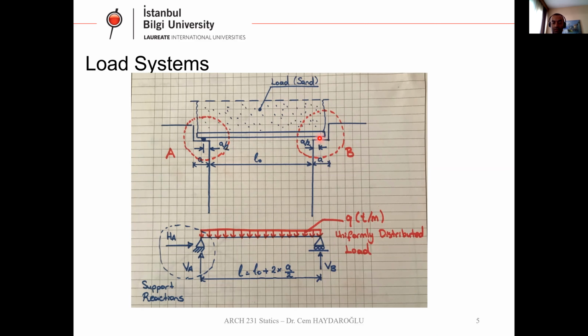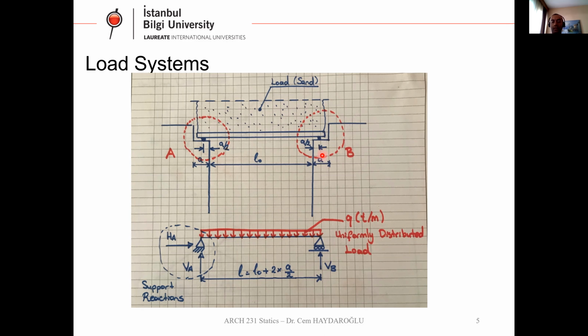You can see dark points here. From the face of this support to this point, we have a distance, which is A/2. The total support area is A. This length is A. We are supporting at the half point of this width. So that's why we have A/2 at this point. And it's the same for the right-hand side.